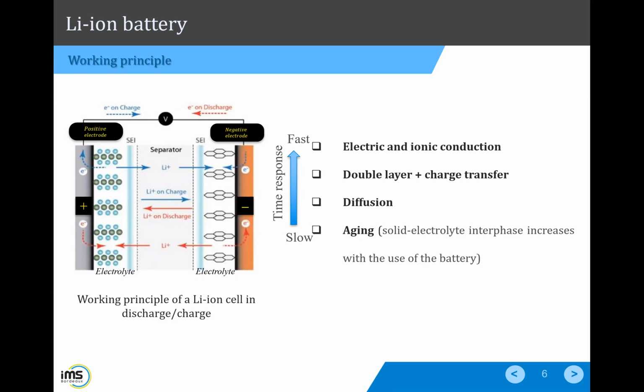The most apparent electrochemical phenomena inside the batteries are the electric and ionic conduction, the double layer and charge transfer, the diffusion, and the aging. These phenomena happen at different time responses. In this work, we will not take into account the aging because the experimentation we did doesn't happen over a long time, so the aging doesn't influence our work.